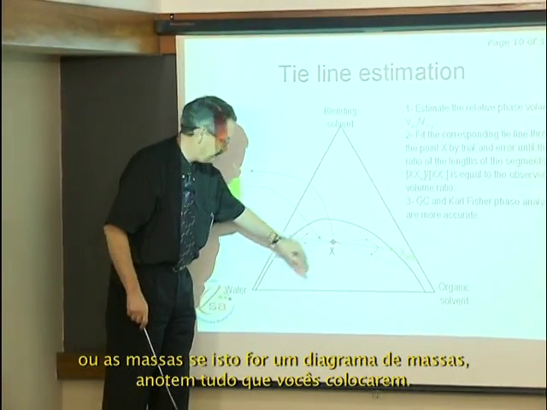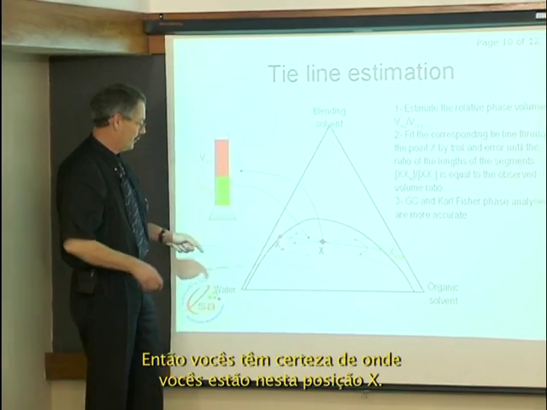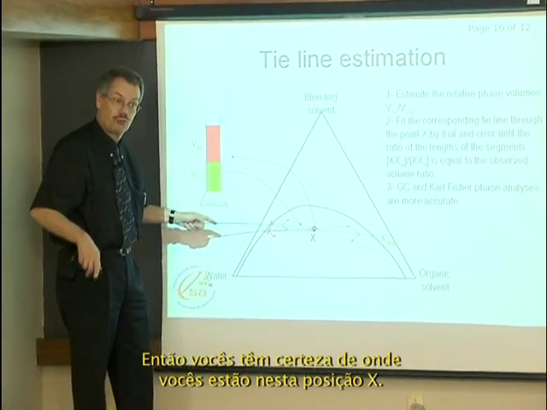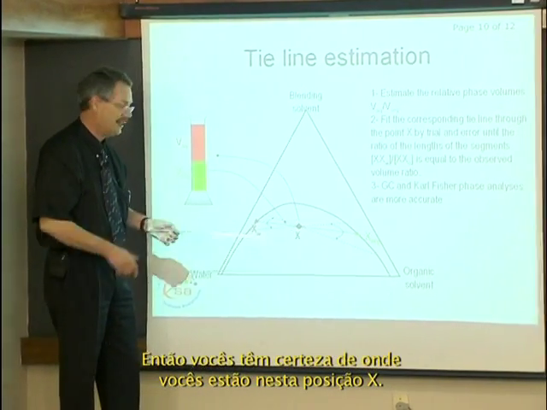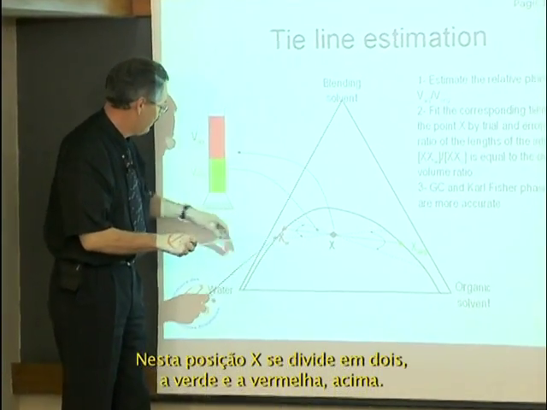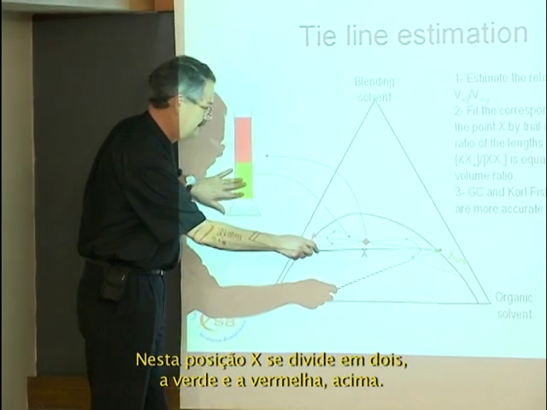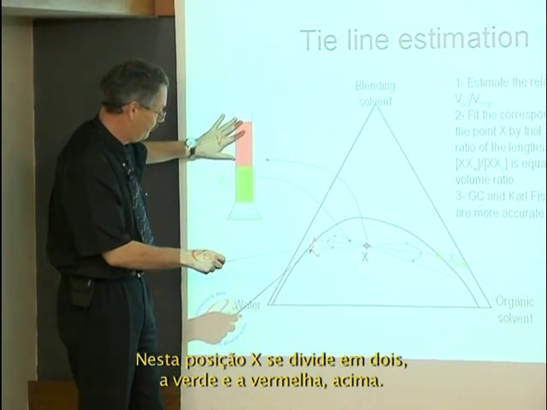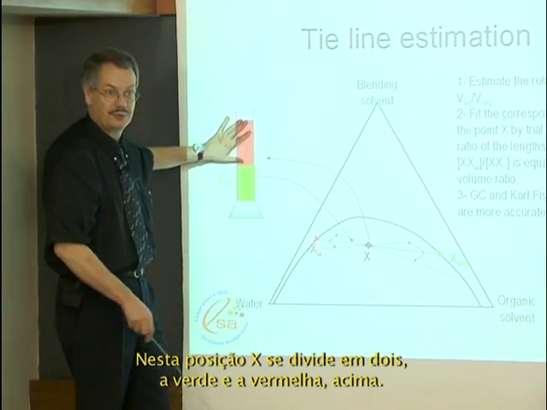You note everything you put in. So you know where you are for sure. You are on this position X, and this position X splits in two. The green one here and the red one on the top.